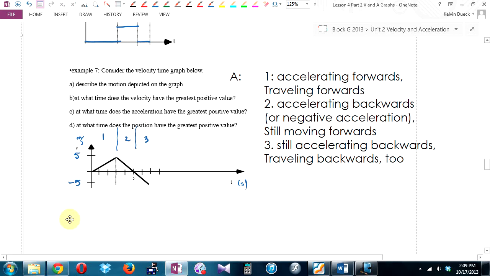B, at what time does the velocity have the greatest value? Where does velocity appear on this graph? Y-axis. Height? When is it its highest? At t equals? 3 seconds.